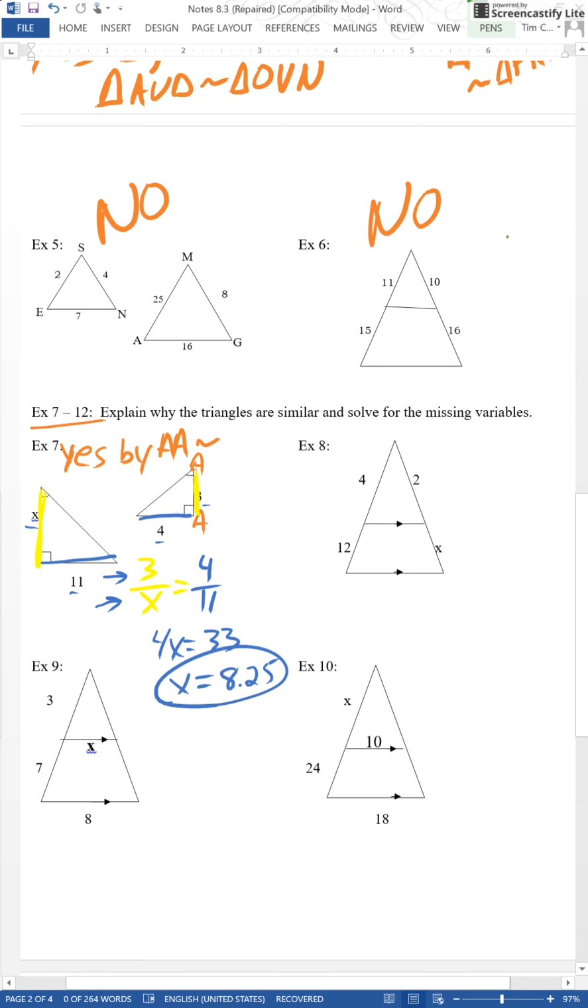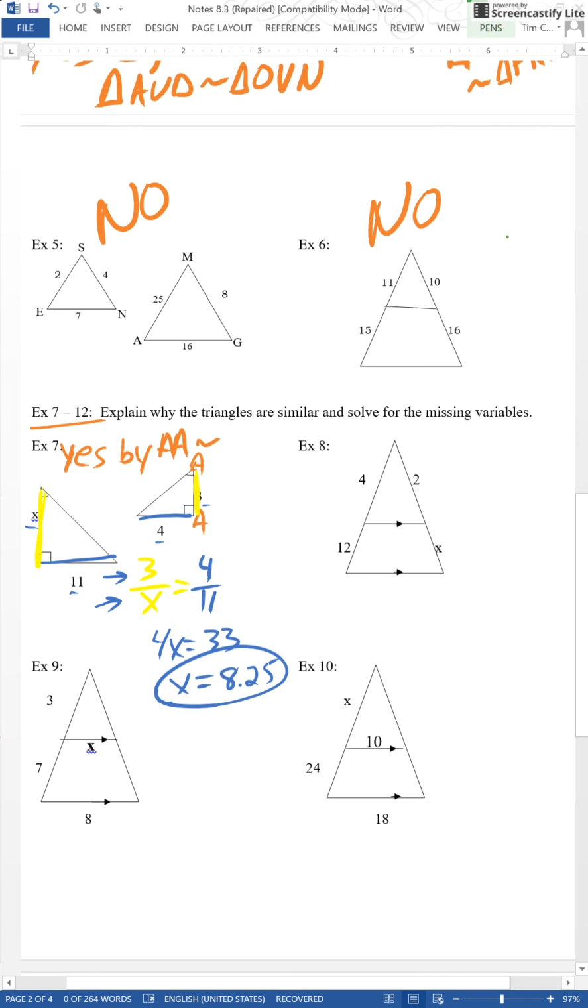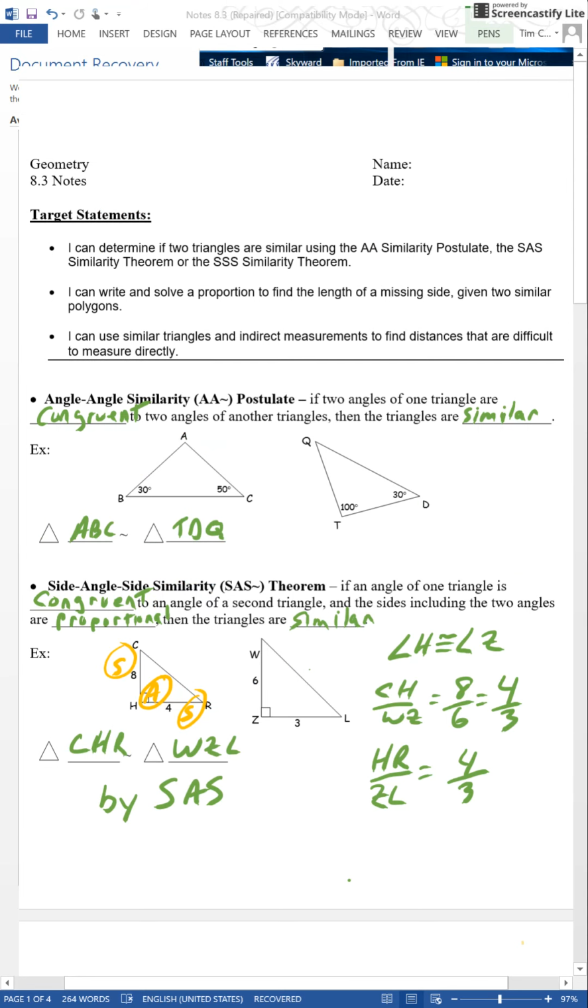All right. So for number 8, here's what I like to do on these. I'm going to look at this triangle right here. So this little green triangle, and I'm going to rewrite the other triangle. So this green triangle has a 4 and a 2 as a side.